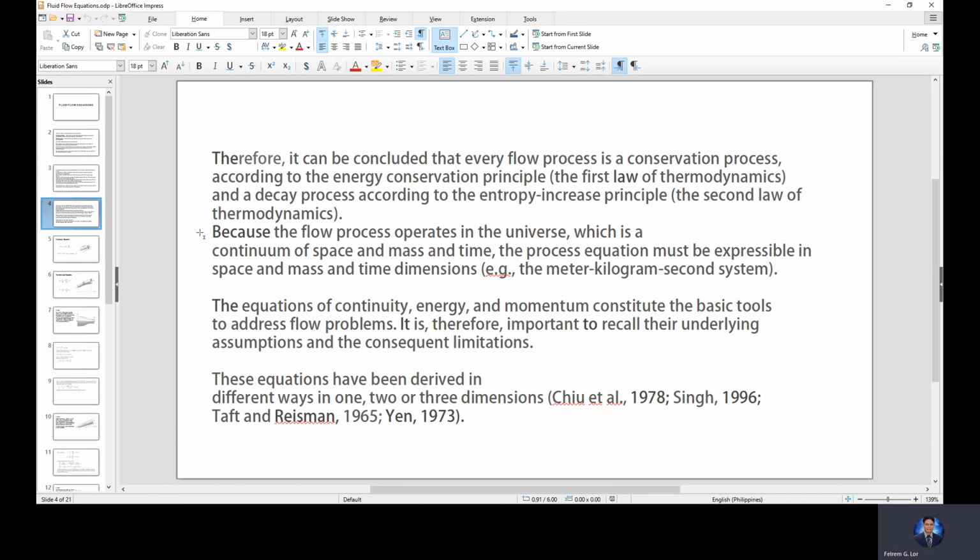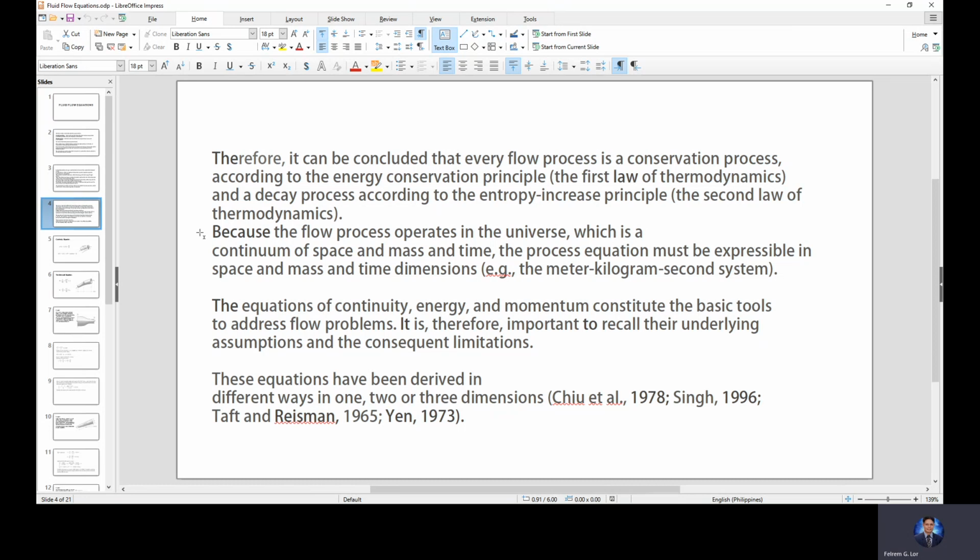So it can be concluded that every flow process is a conservation process. So conservation of energy, conservation of mass, and conservation of momentum applies. Because the flow process operates in the universe, which is a continuum of space and time, the process equation must be expressible in space, mass, and time dimensions.